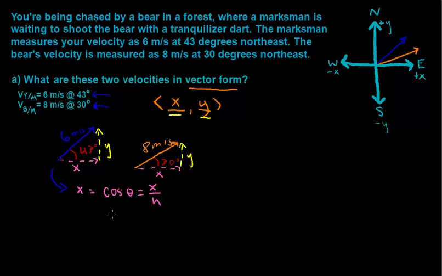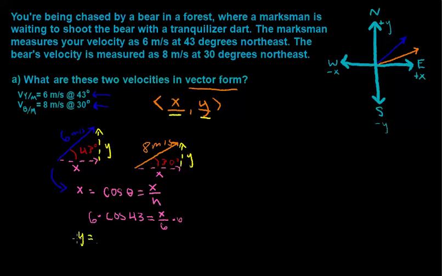And then we just plug in the numbers that we know. So cosine of 43 degrees is equal to x over 6, and then we multiply by 6 on both sides. And then before we calculate this, let's analyze the y component as well.